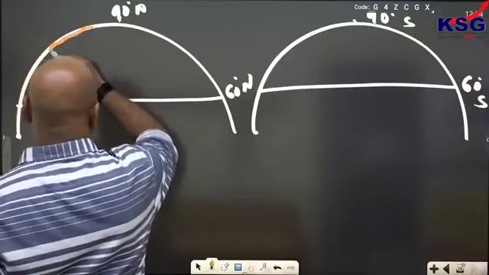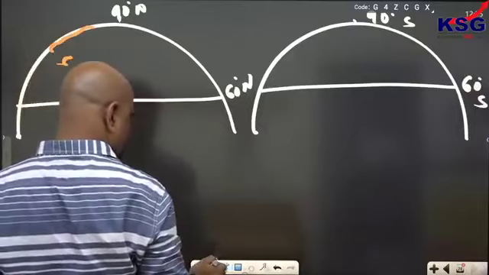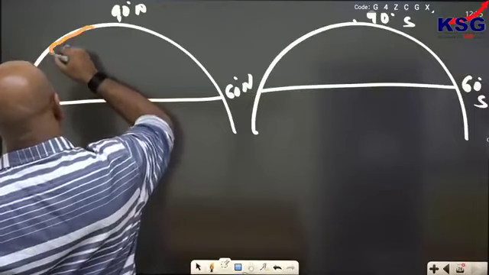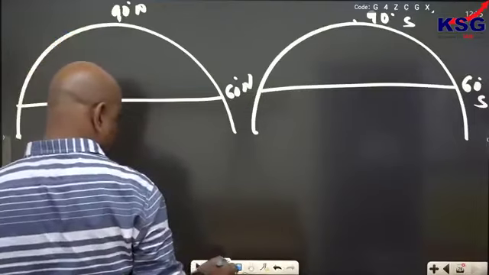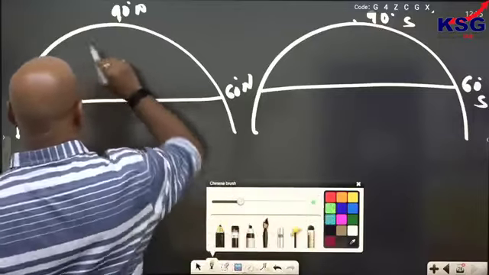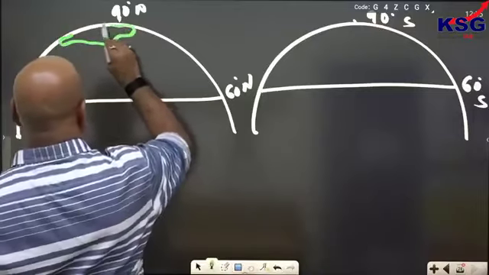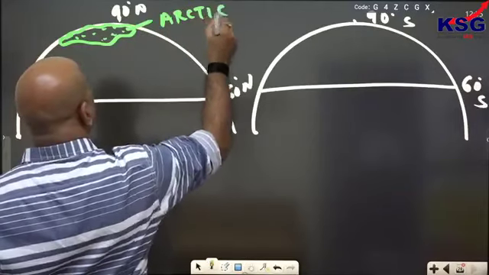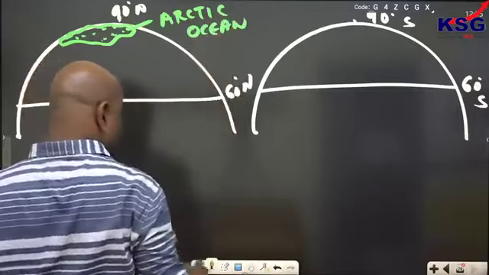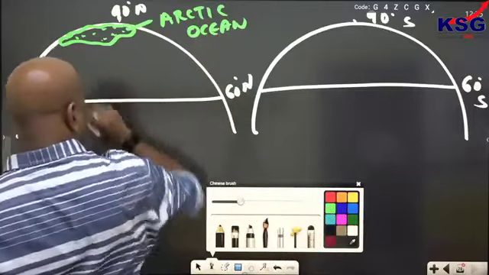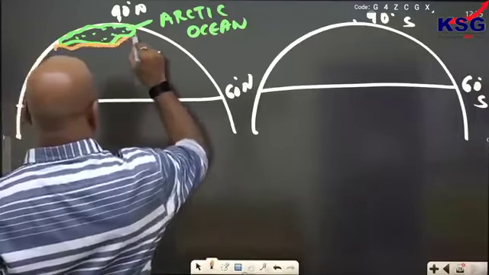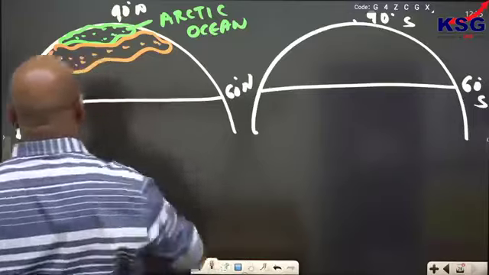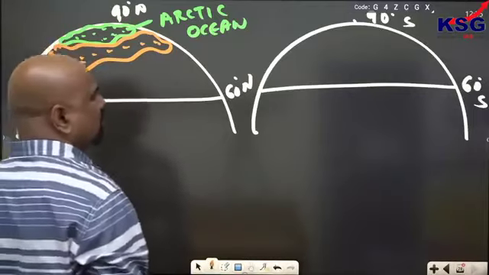ये पूरे regions हैं. Arctic Ocean. So bordering the Arctic Ocean, the region which you have, this is the region here.